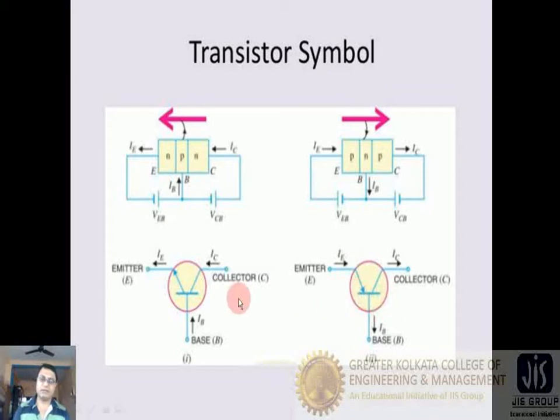This arrow makes the difference between the two symbolic representations. In this way we can understand which one is PNP and which one is NPN transistor.